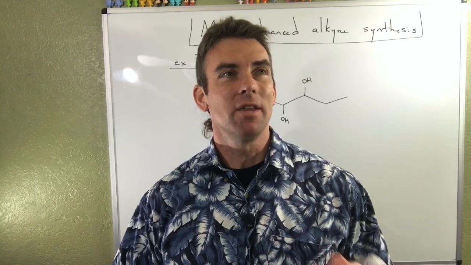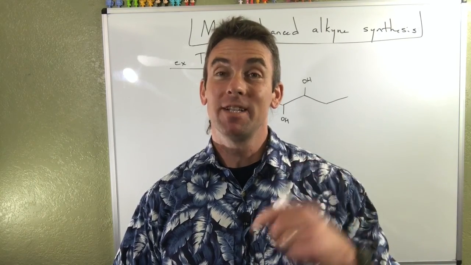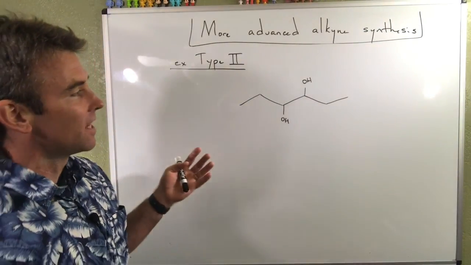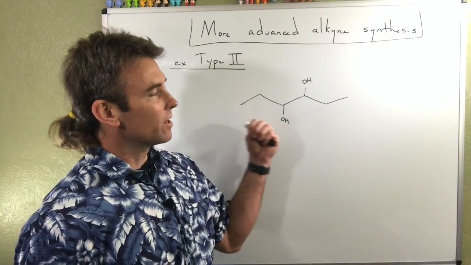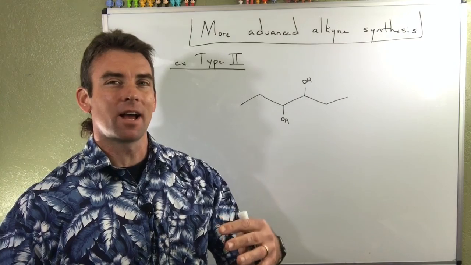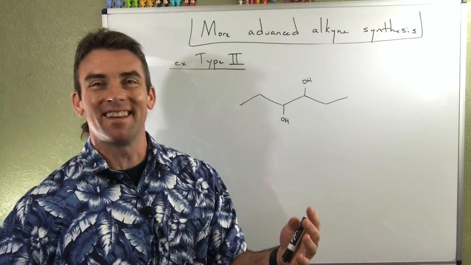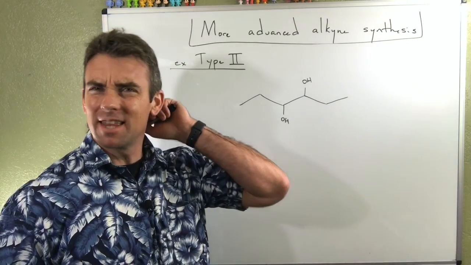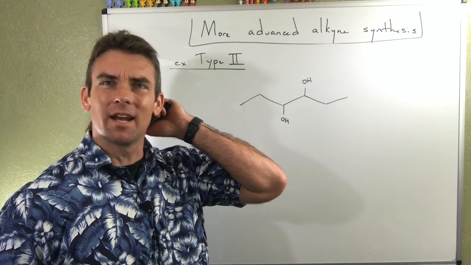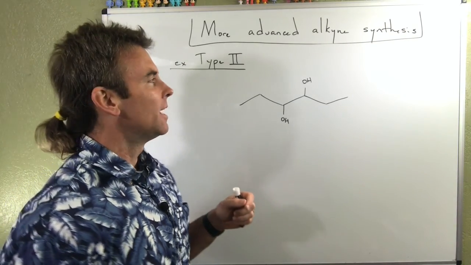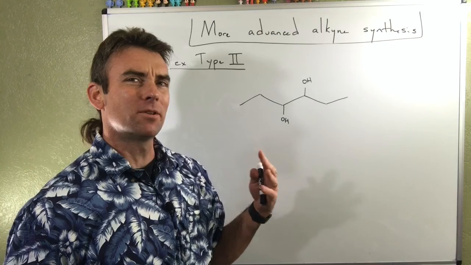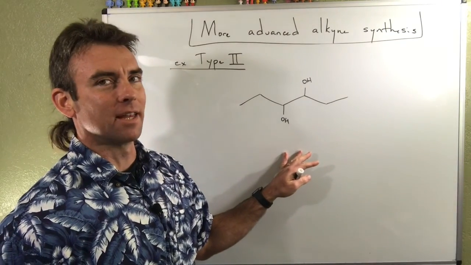I call them hidden for a reason, because when you look at something like this, we're looking for an alkyne and there is no alkyne there, right? And so what you have to really think about is how am I going to use that alkyne type chemistry and maybe a little bit of other chemistry to produce something like this.